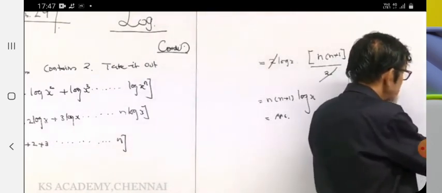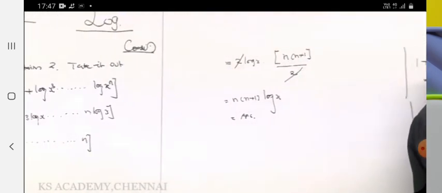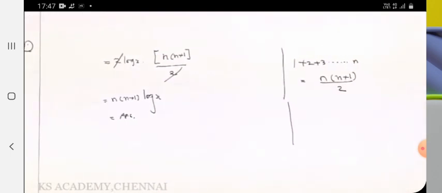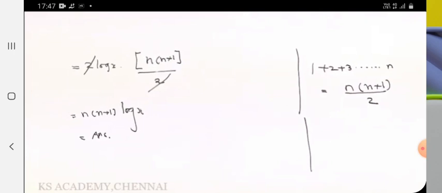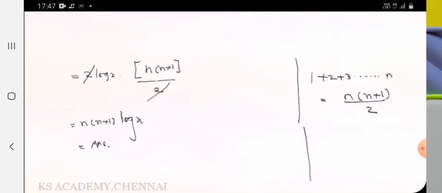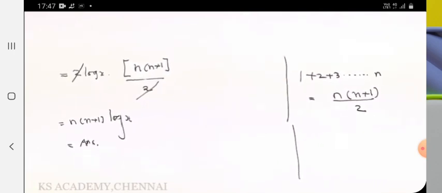If you have a doubt, you write on the side. In the final answer, log should be shown at the end, or as the last.